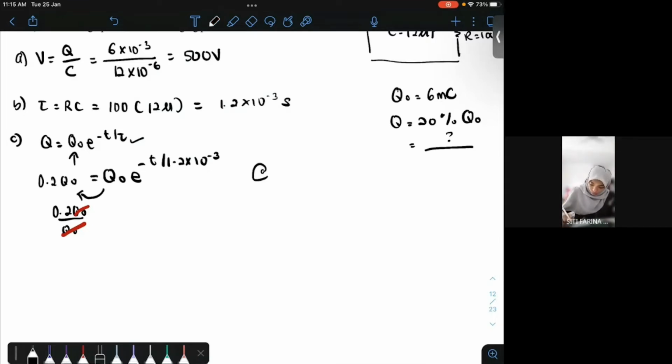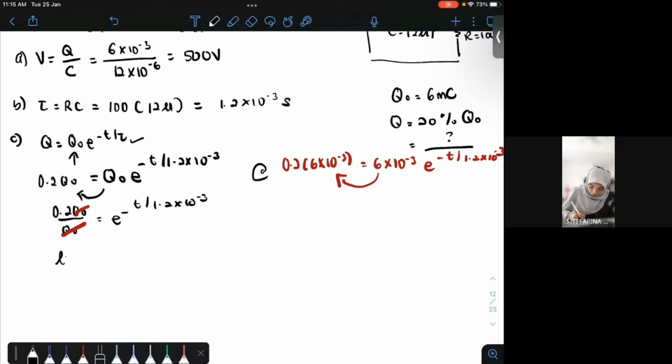You can also do 0.2 times 6 times 10 to the negative 3 equals 6 times 10 to the negative 3 exponent negative t over 1.2 times 10 to the negative 3, no problem. And then you bring it over and divide as well.